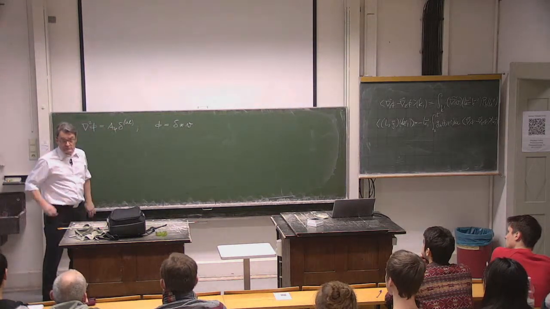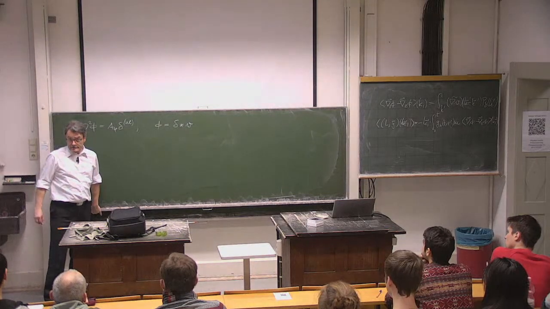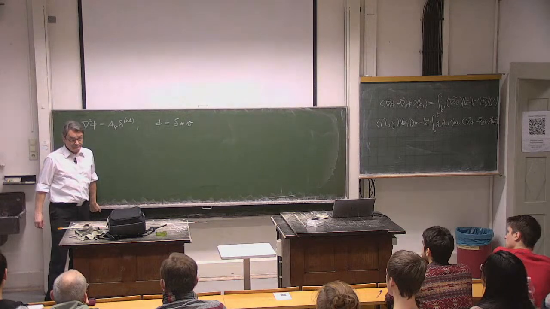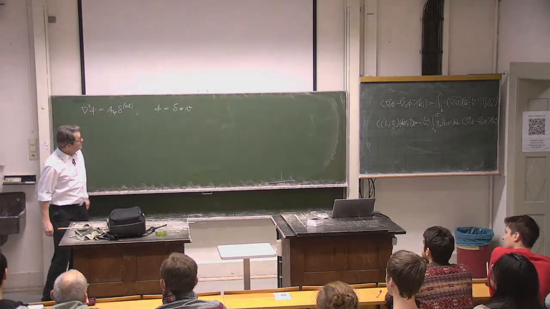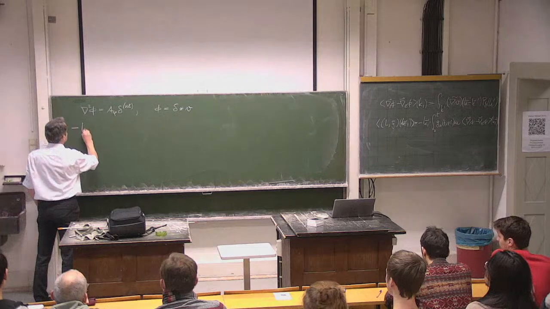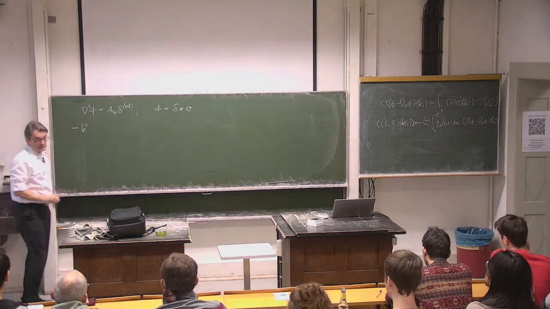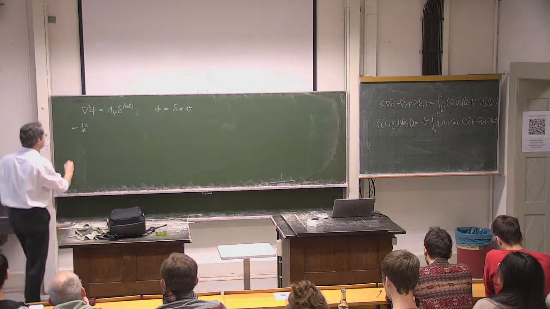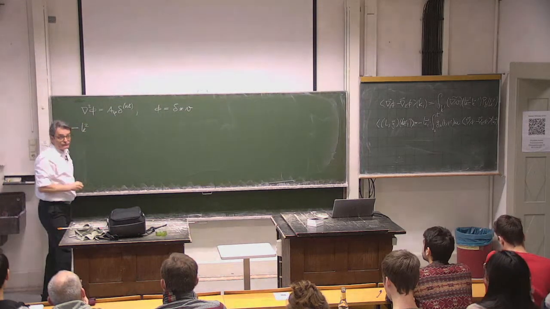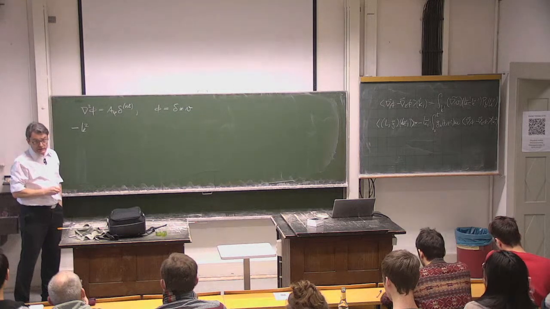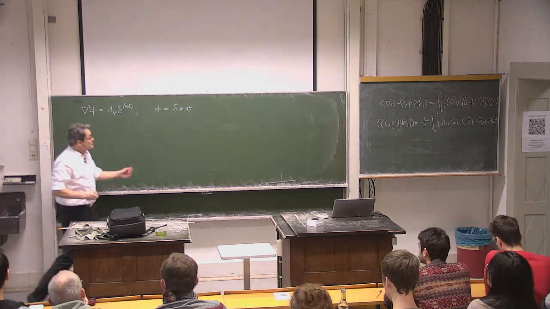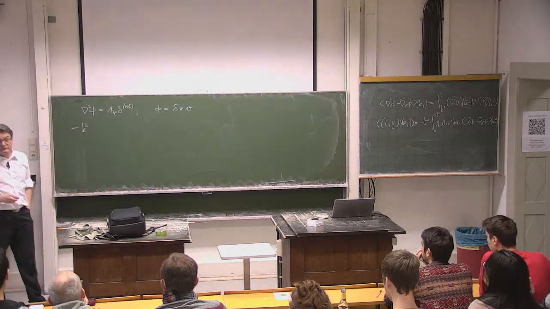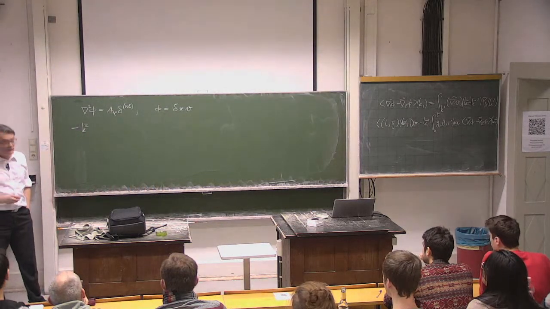Now, of course, if I see a convolution, I immediately try to escape into Fourier space. In Fourier space, the nabla squared operator here will be a minus k squared. And I will have the Fourier transform of the potential phi, which will be the Fourier transform of this convolution, which is a product of the Fourier transform factors.